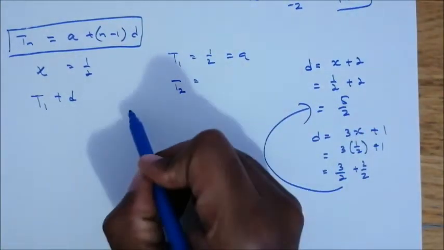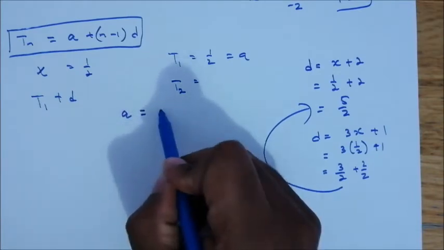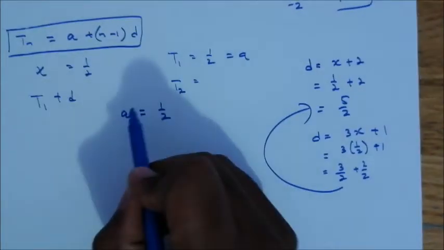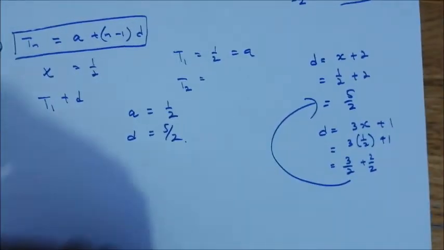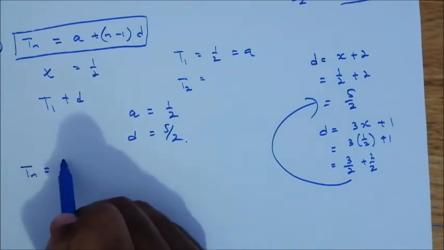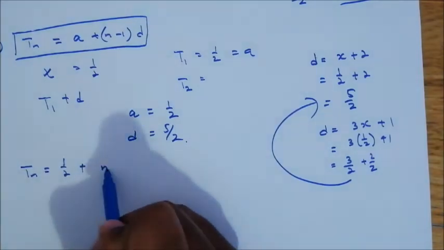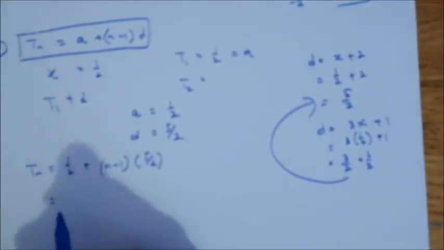So we have got a, which is 1 over 2, then d is 5 over 2, right? Okay, so to find Tn now, Tn is equal to a, which is 1 over 2, plus n minus 1, then d is 5 over 2, right?